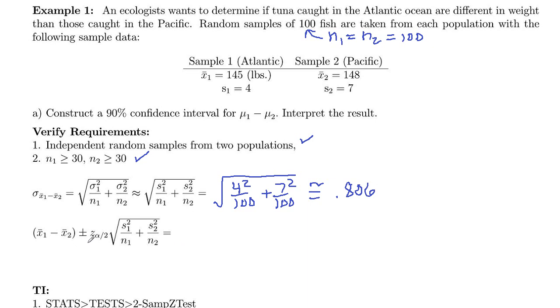So then for our confidence interval, we take the difference of those two sample means. So this will be 145 minus 148. And then we are going to add or subtract z alpha over 2, this is a 90% confidence interval.